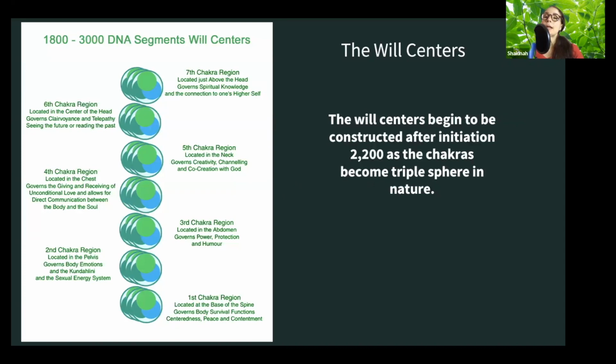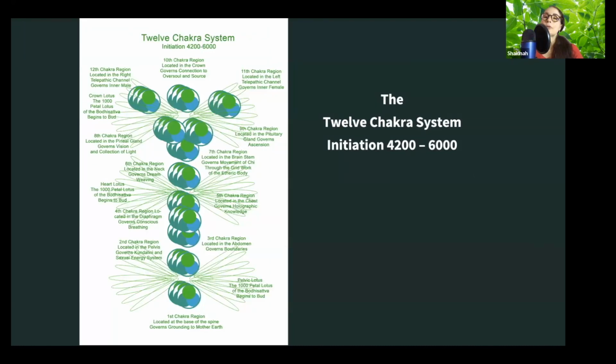The will centers begin to be constructed after initiation 2200 as the chakras become triple sphere in nature. The 12 chakra system initiation at 4200 to 6000 DNA segments.